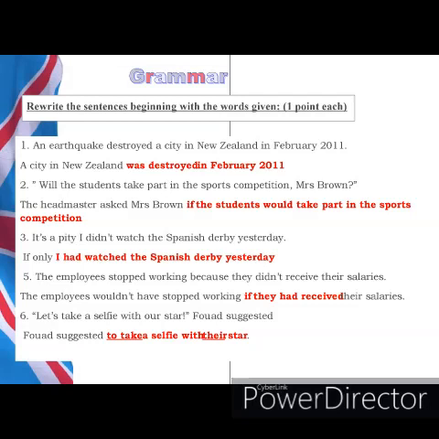The verb is in simple past. We apply the rule. We are going to use to be in simple past plus past participle and they have already given you the object وما عطاوكم ال objects تبقى لكم to be غنحطوه في simple past غتولي was والpast participle ديجا عندكم le verbe régulier donc غنحطو destroyed so the sentence is going to be a city in New Zealand was destroyed in February 2011.